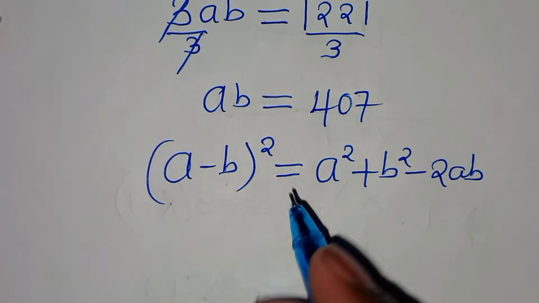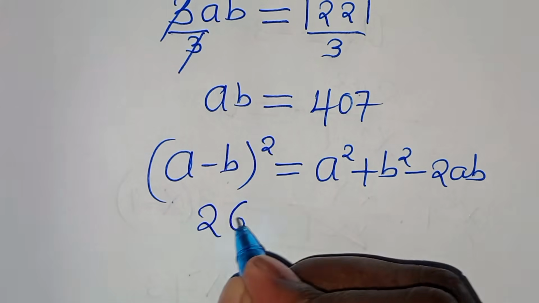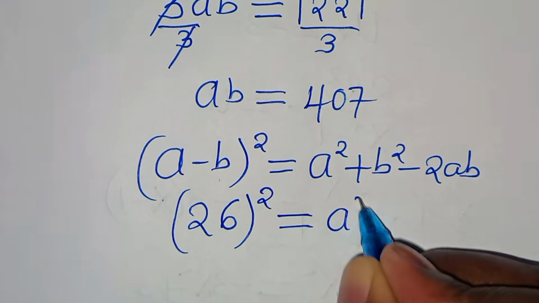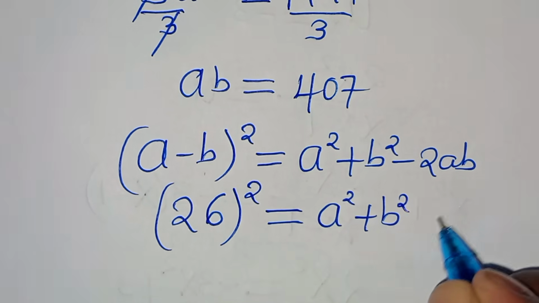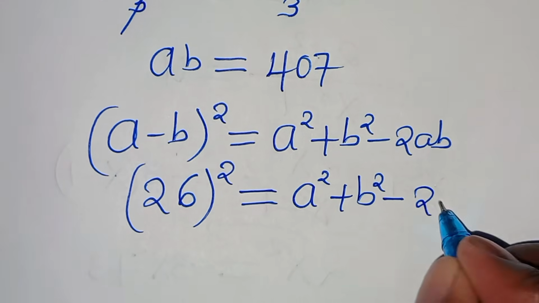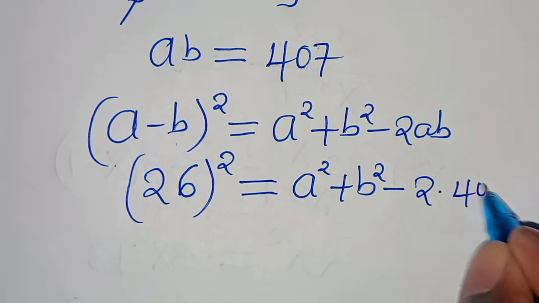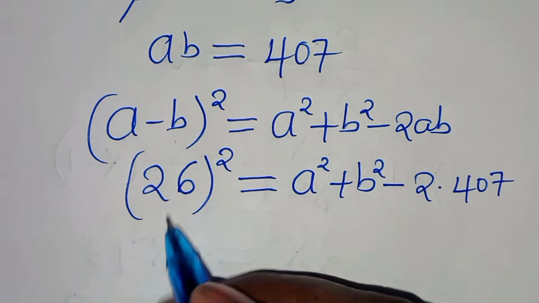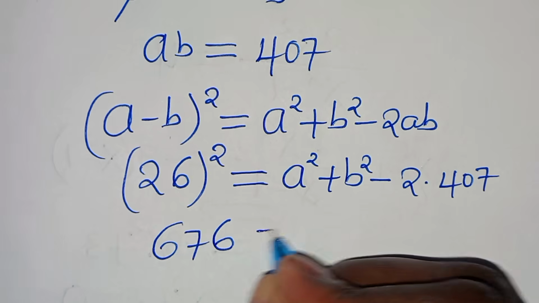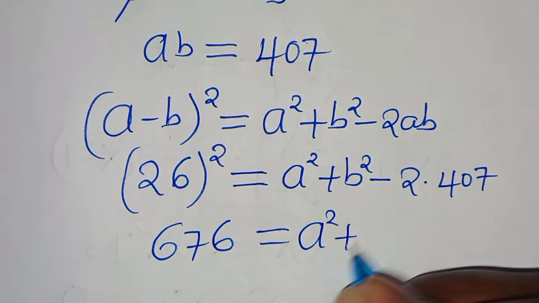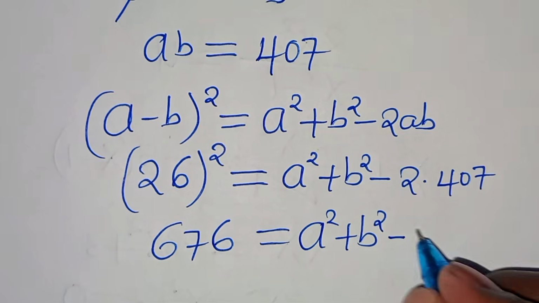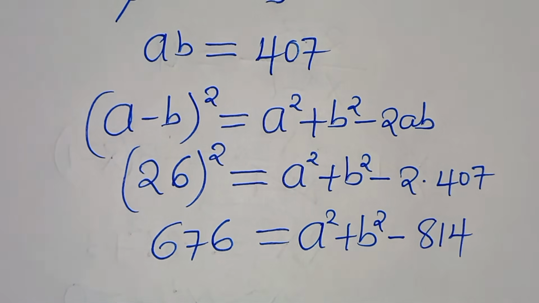So substituting 26, we have 26 raised to the power of 2 equal to a squared plus b squared minus 2 times ab. ab is 407. So now 26 squared, remember this is 676, is equal to a squared plus b squared minus 2 times 407, and this is 814.